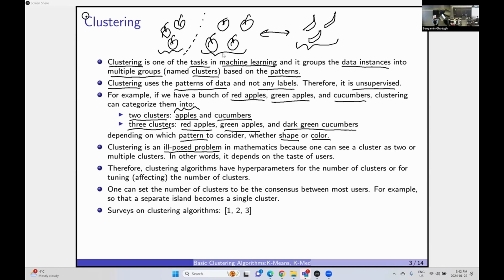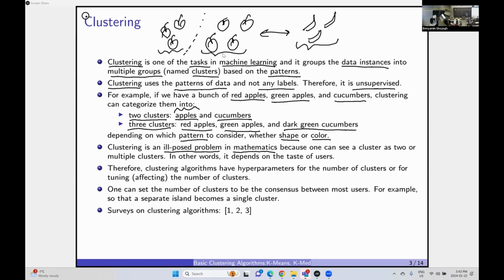And by the way, clustering is an important task in mathematics too, right? Even in pure mathematics, they have a lot of work on clustering. So this is one of the parts where mathematics meets machine learning. Okay, where were we? So yeah, as I said, it's an ill-posed problem.